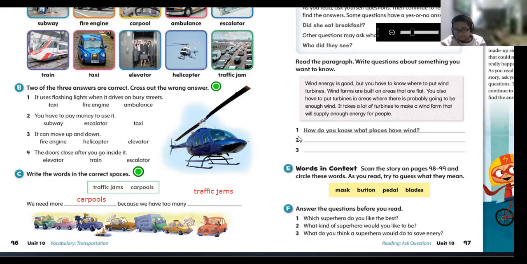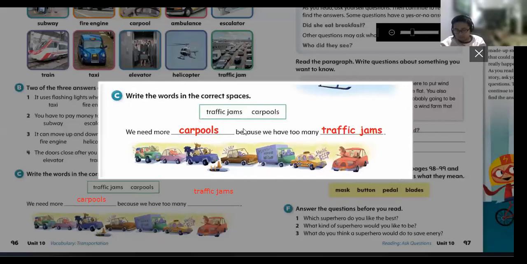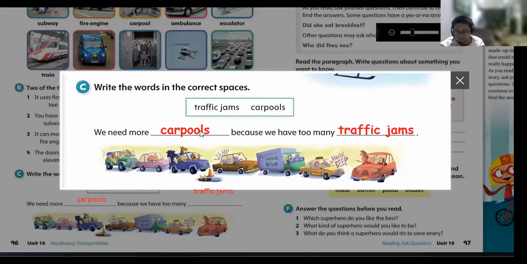Okay, so carpools and traffic jams. That's correct. We need more carpools because we have too many traffic jams. Have you experienced being stuck in a traffic jam? Yes, I've been stuck in traffic jams when my father drives a car. There are too many cars on the road. Yeah, that's right. That's true.